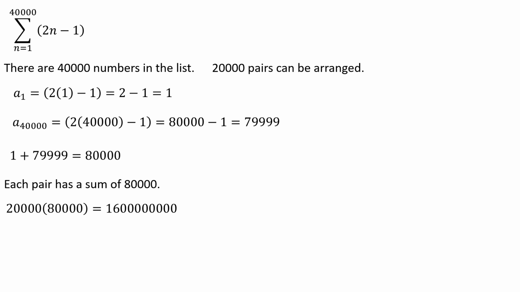So if I have 20,000 pairs, each pair adds up to 80,000, I can then figure out that if I multiply, I end up with 1,600,000,000, or 1.6 billion is what that adds up to.